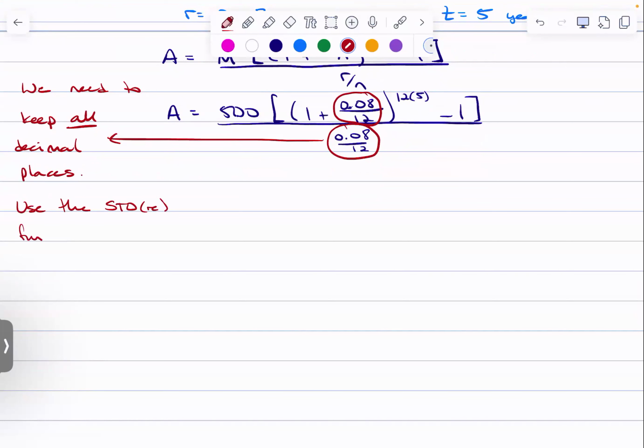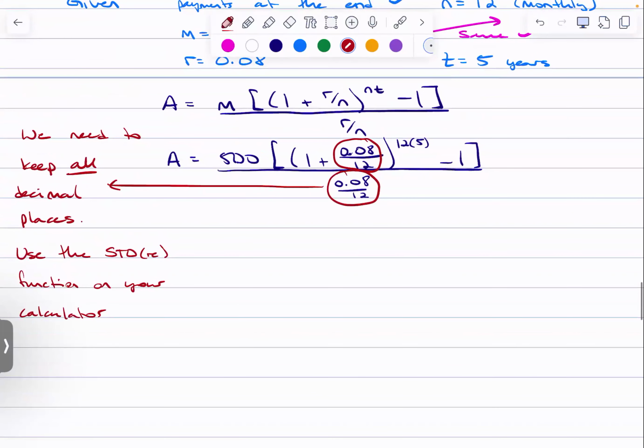The store function on your calculator. And so what I'm going to do is I'm going to say, hey, I've calculated this. It wasn't anything nice. I'm going to store this in A, just to indicate that, yes, I am storing all my decimal places, no, I don't want to write them all out because it's really tedious, right?